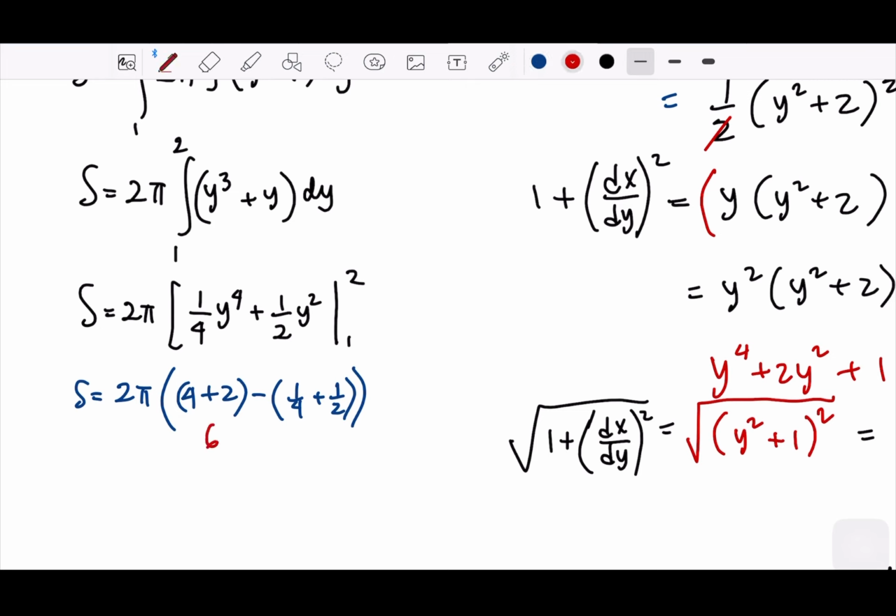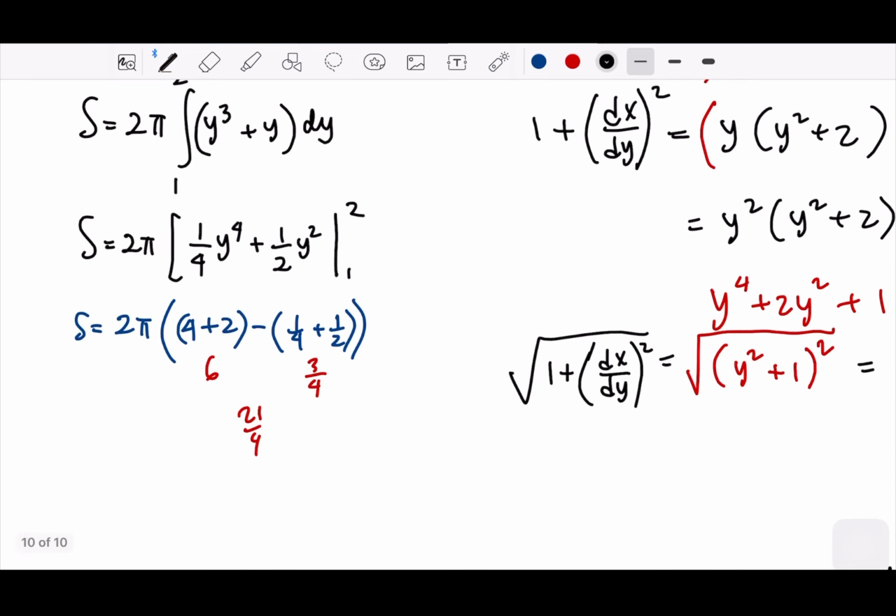This is 3 over 4, right? Half plus, oh yeah, 21 over 4, right? 21 over 4, and then multiply with 2, it becomes 21 over 2 pi.